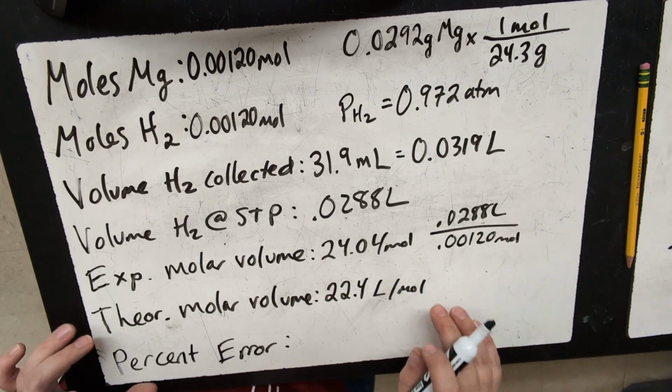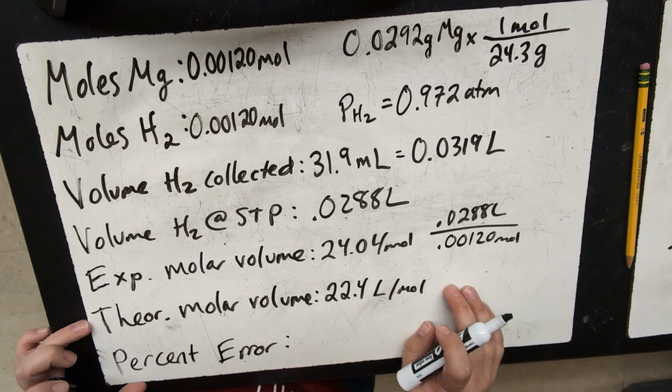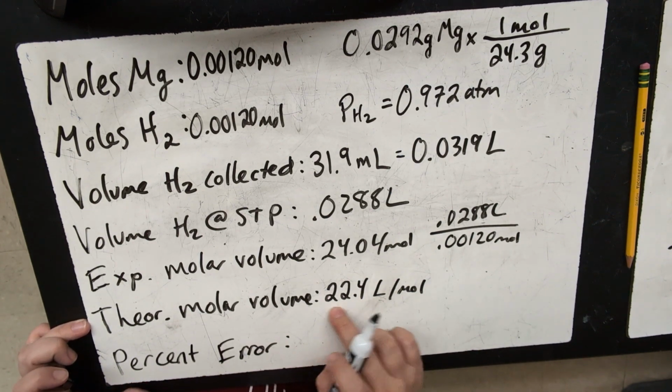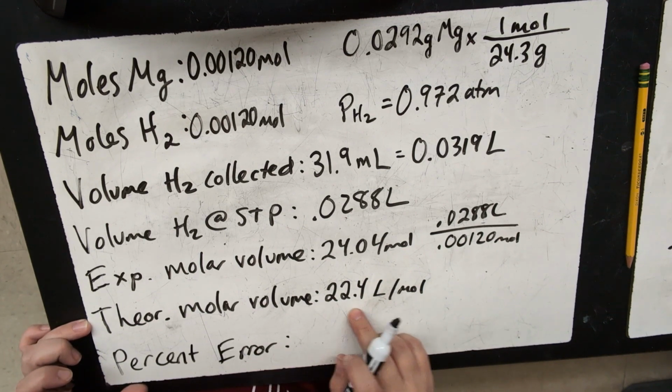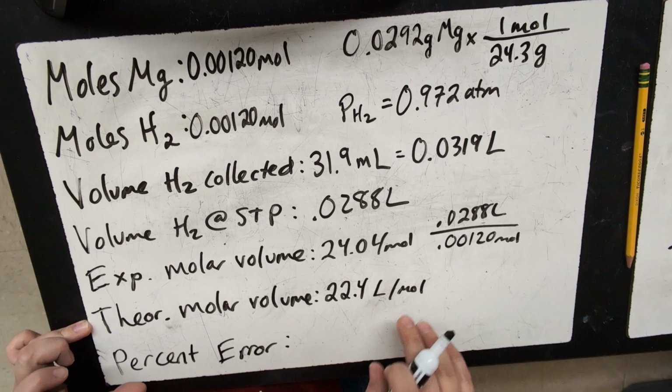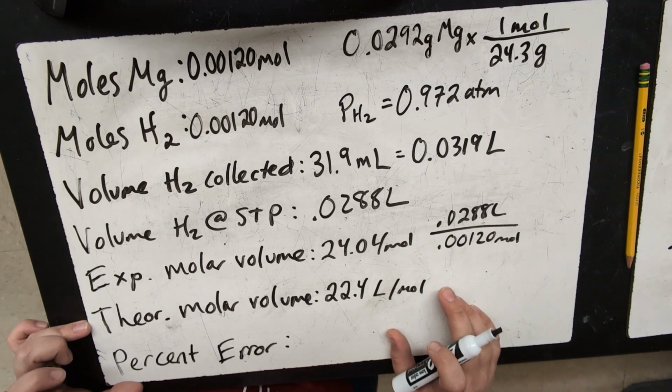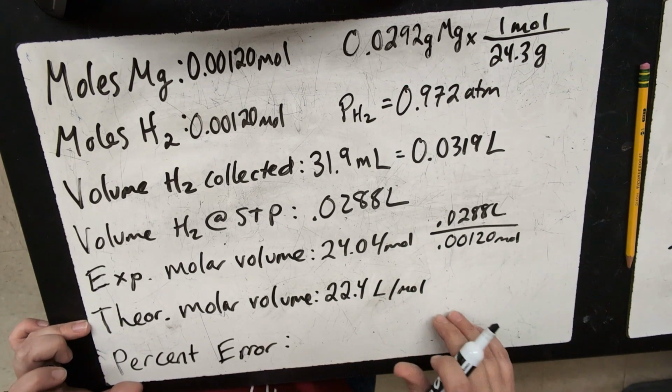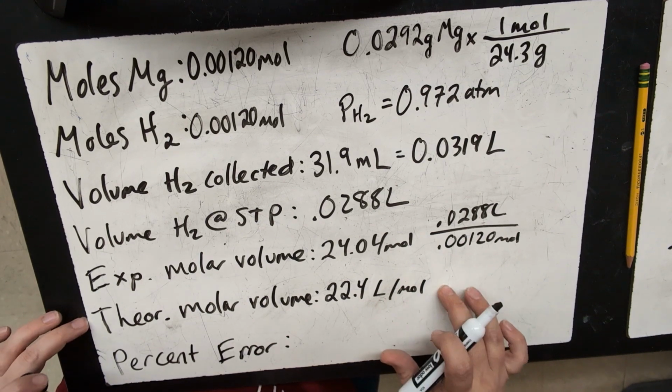And of course the theoretical, the published value is 22.4. I'm using this value because that is still the published value on the AP Chemistry formula sheet as of the 2024 published formula sheet is 22.4, so there's that.